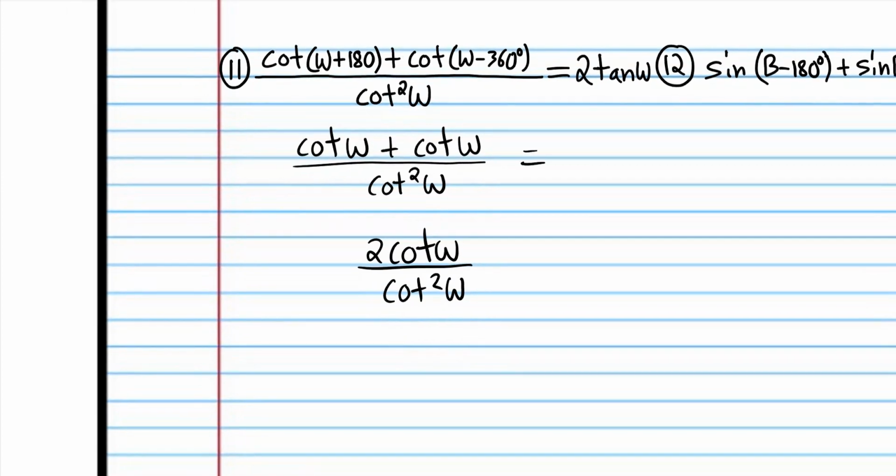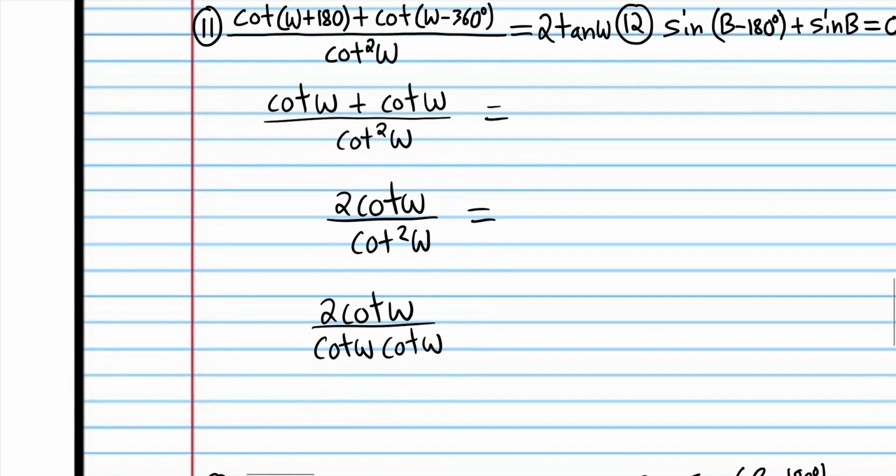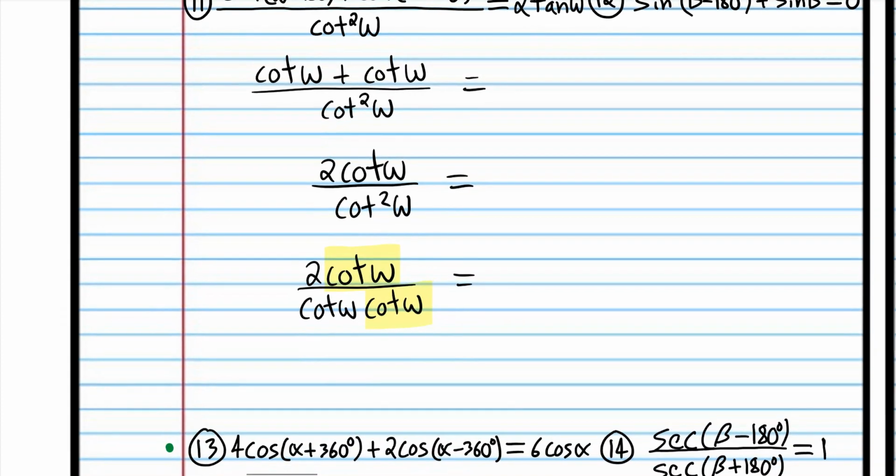And just to be clear, I'm going to factor the denominator to cotangent omega times cotangent omega. And you see that 2 of these cotangents are going to cancel out, and we're left with 2 over cotangent omega.